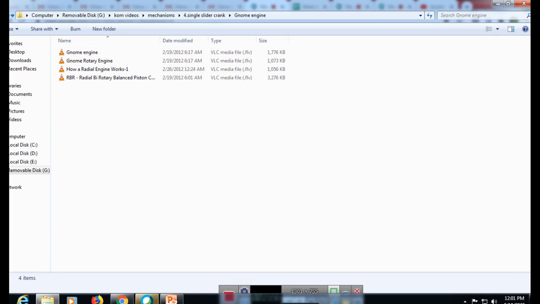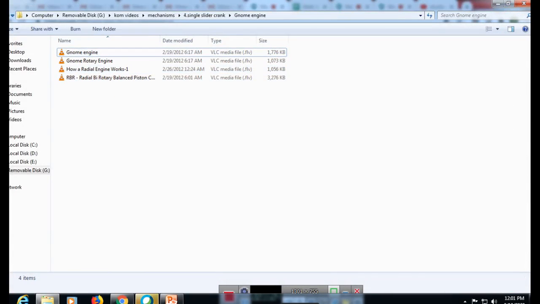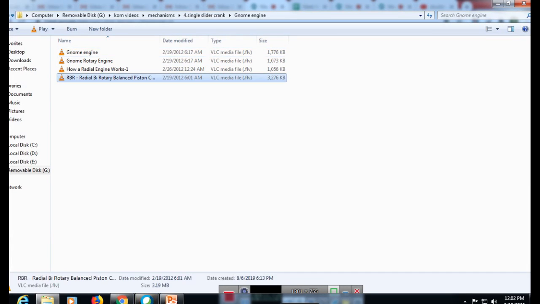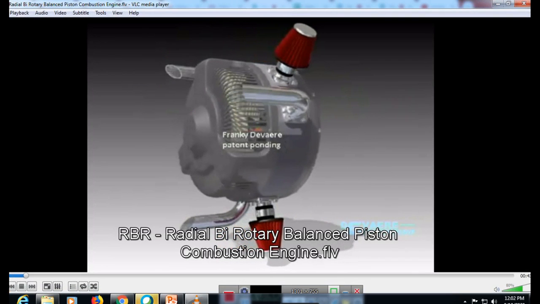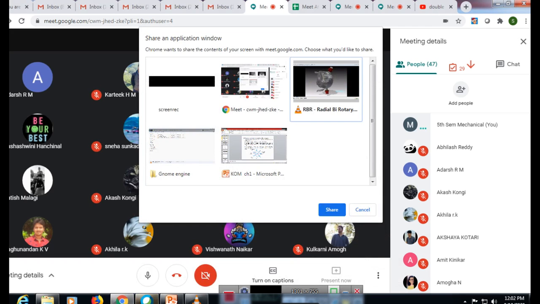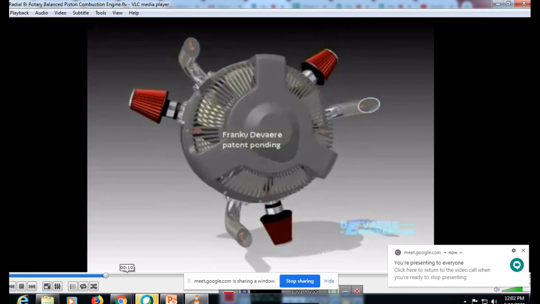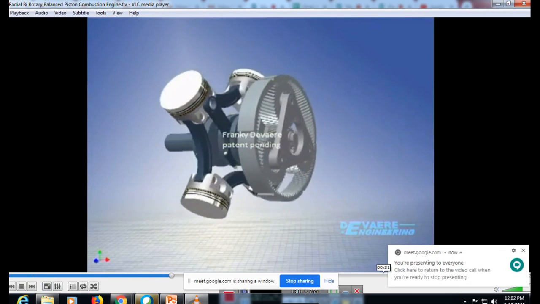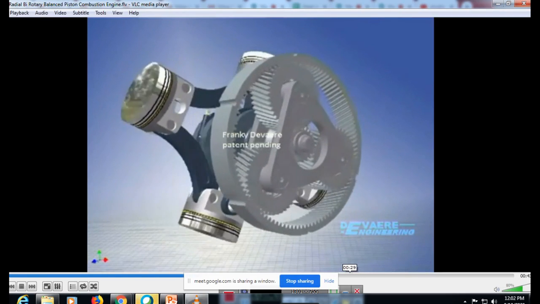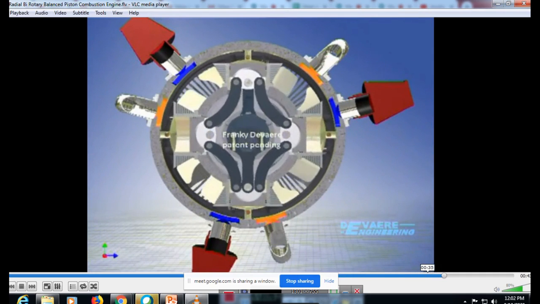Just now we saw the radial engine, and I will show you the gnome engine also.